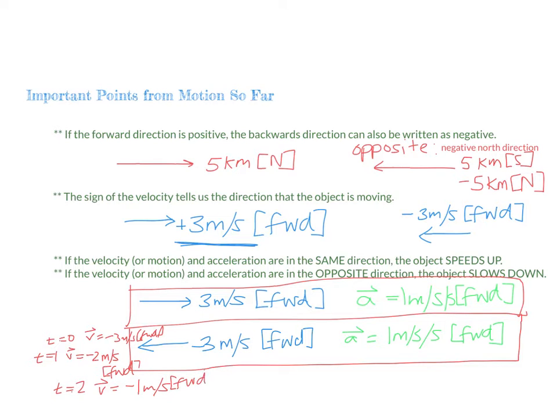So my acceleration is changing this velocity by 1 meter per second every second. So I start at negative 3, and then I'd go to negative 2, and then negative 1. So it's slowing down. So that's just a review of some important points of motion so far. Let's apply this to some velocity time graphs.